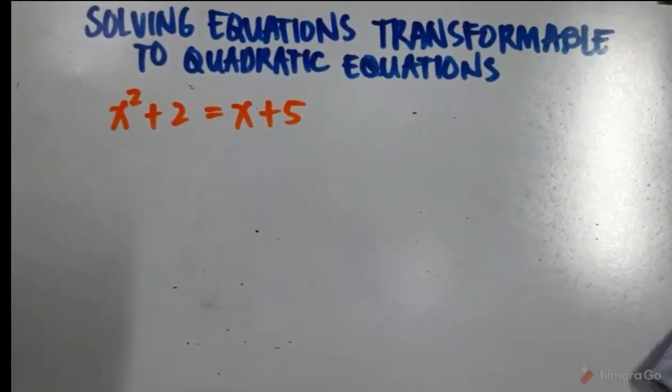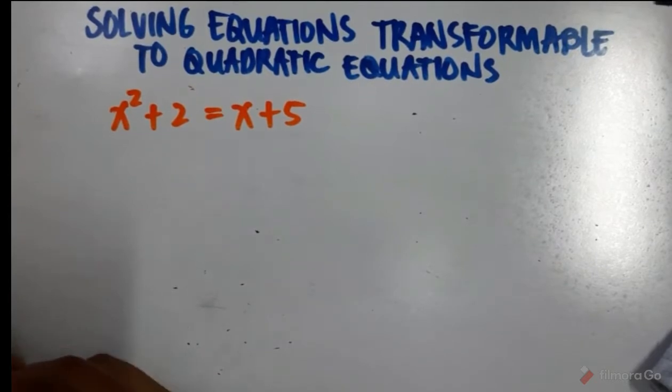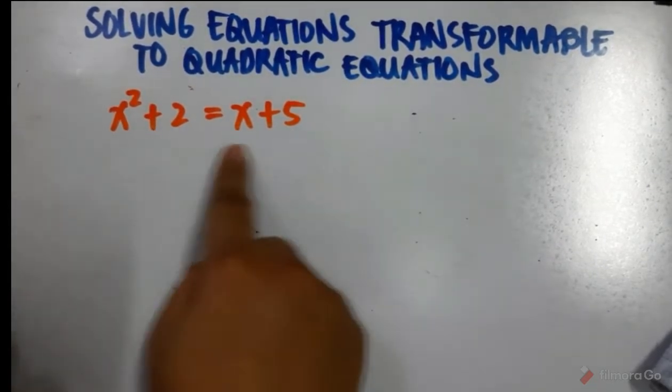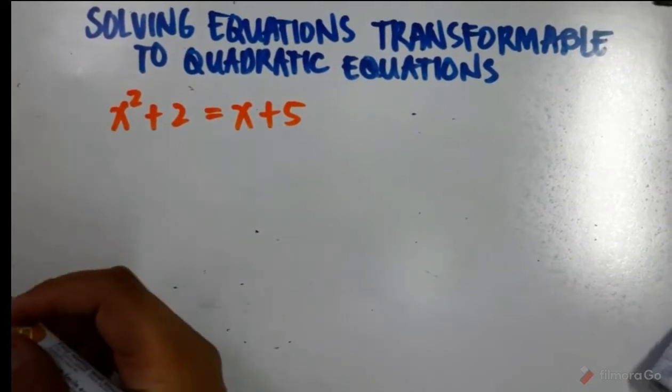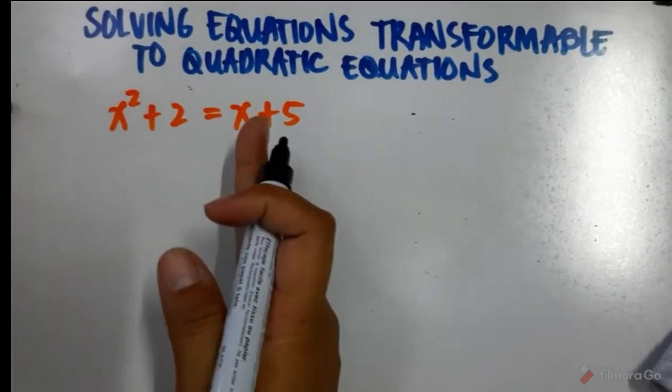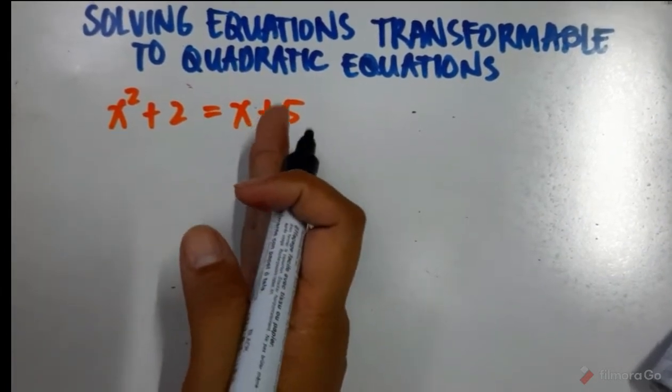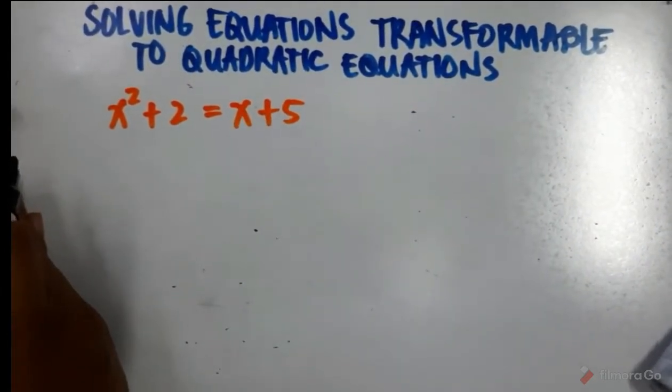Okay, for our next given, this is x squared plus 2 is equal to x plus 5. First, we need to write this equation in standard form, which is ax squared plus bx plus c equal to 0, with all the values on the left side of the equation.